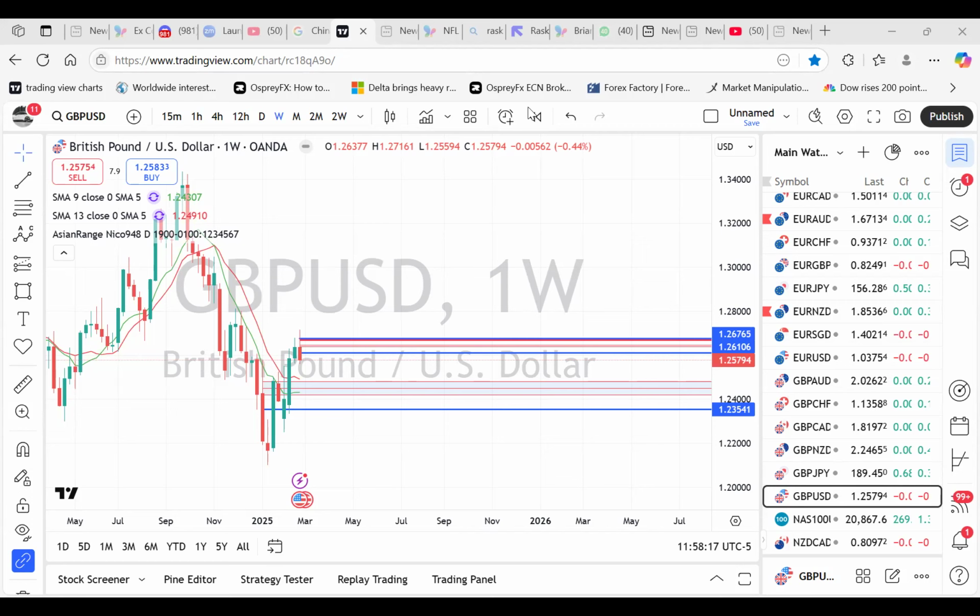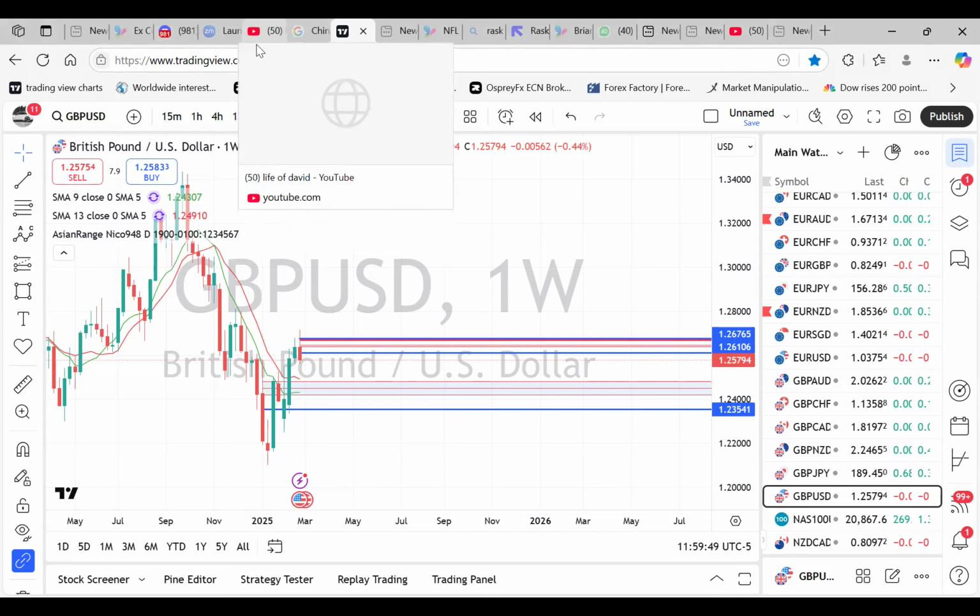Once you understand how to read market structure, then you learn how to do multi-time frame analysis, which is putting the different time frames together to create a picture. And once you can see that picture, your trading goes to a new level.